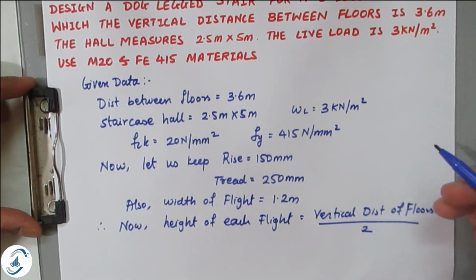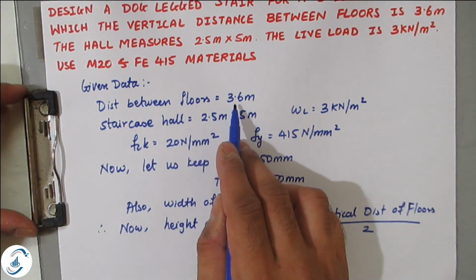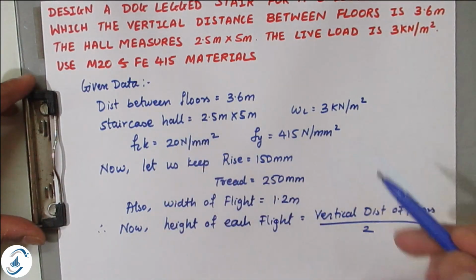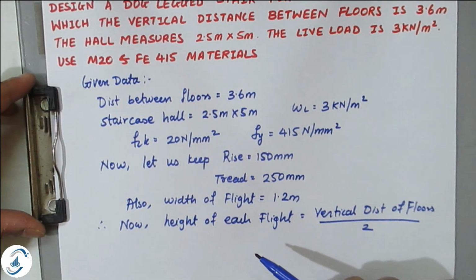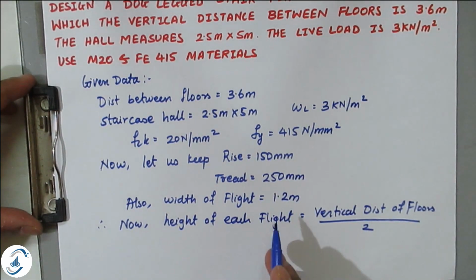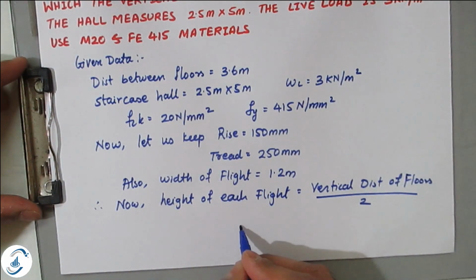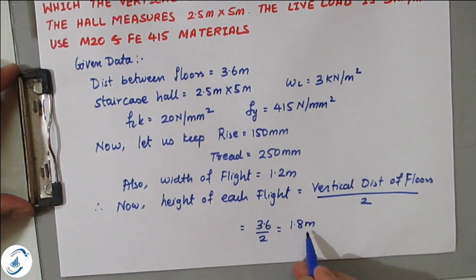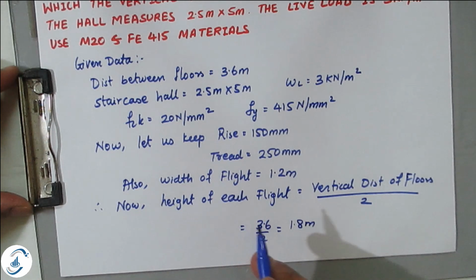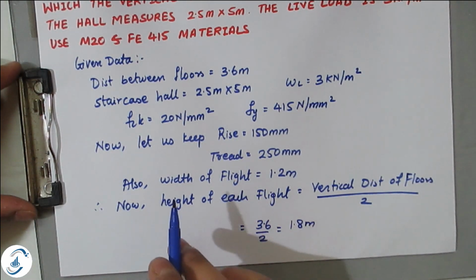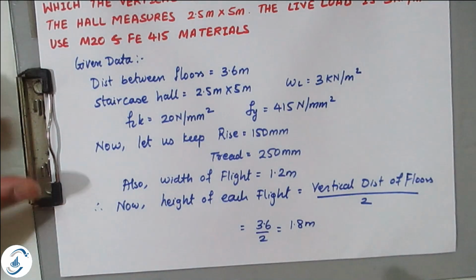The vertical distance between the floors is 3.6 meters, and we divide it by 2 because we want a 2-flight dog-legged staircase. So 3.6 divided by 2 gives the height of each flight, which is 1.8 meters. So 1.8 meters will be the height of each flight. This is the calculation you have to perform before going to the next steps.